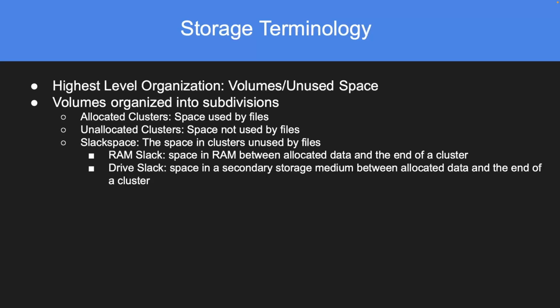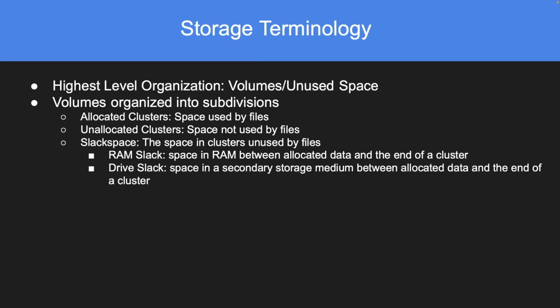These volumes are also organized into smaller subdivisions: allocated clusters, which is space used by all types of files; unallocated space, which is space not used by any files or data structures; and like I said earlier, slack space, which is the space between clusters that are not used by files.